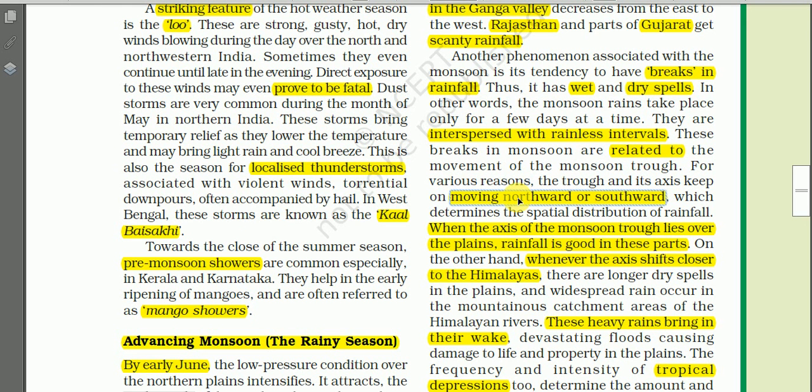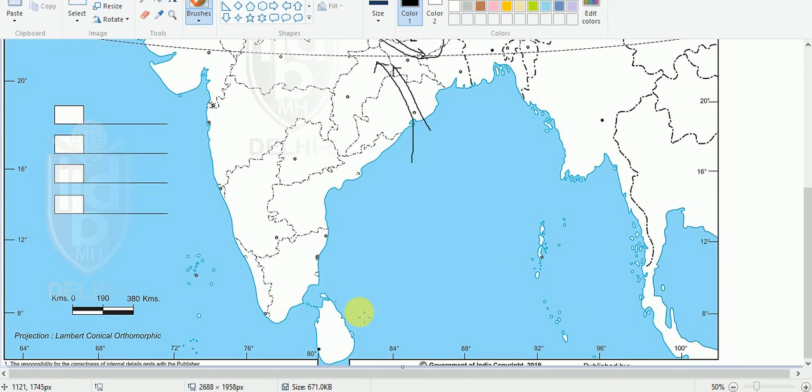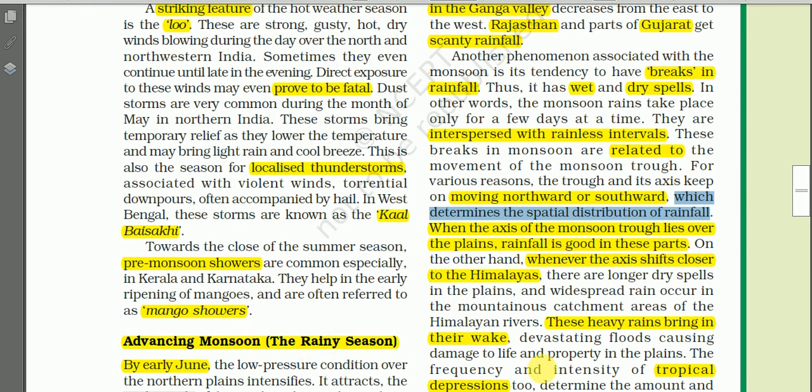This monsoon trough may be moving northward or southward, which determines the spatial distribution of rainfall. After forming here, it may move towards the north or the south, and because of this movement, the amount of rainfall is different.